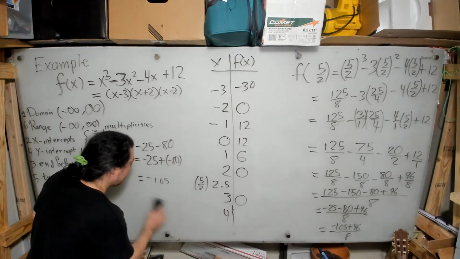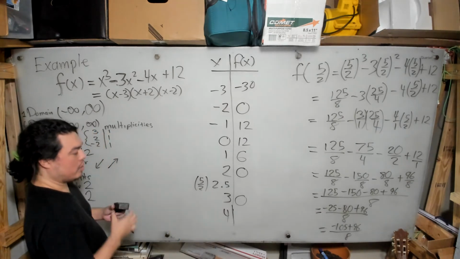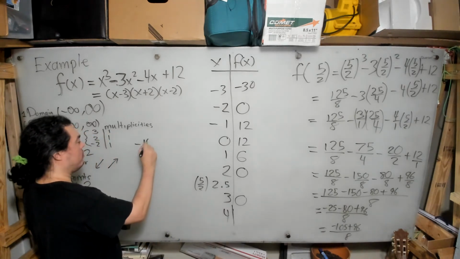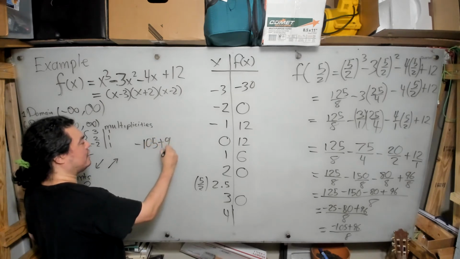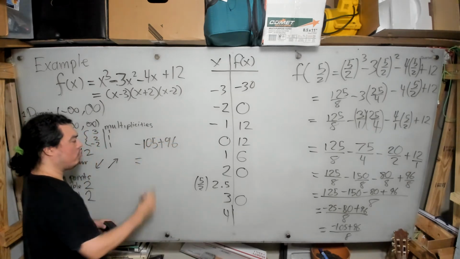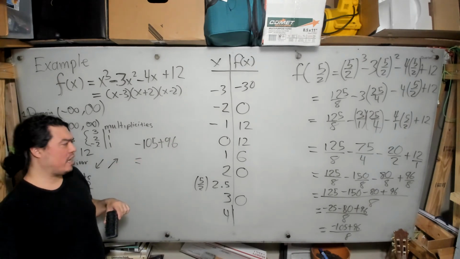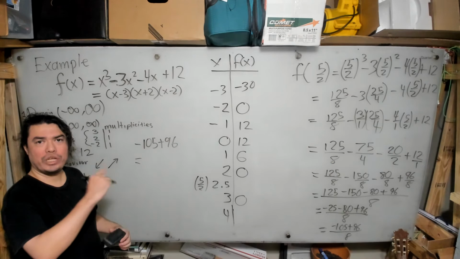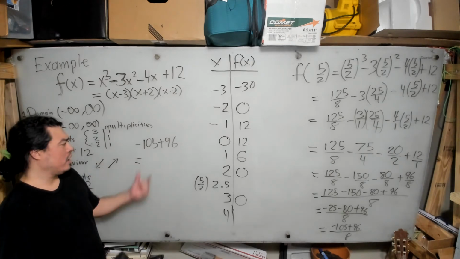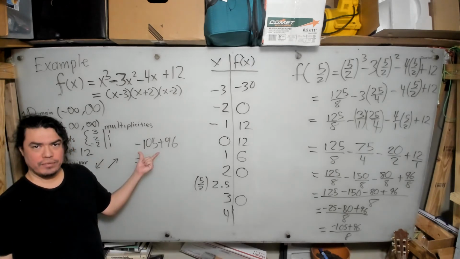So now the question becomes, what is that? Negative 105 plus 96 is going to equal, I'm adding two numbers of opposite sign. So to find out the sign of the sum, I need to find out which one of these has the bigger absolute value. The absolute value of the negative 105 is 105.